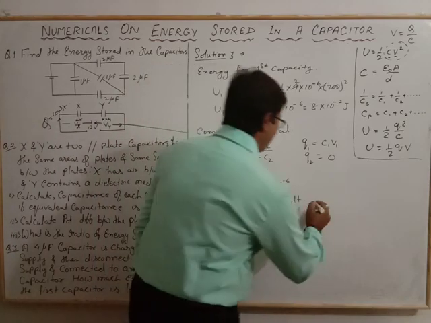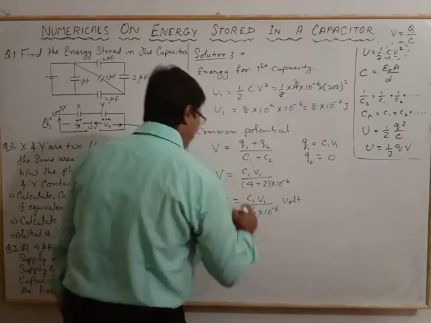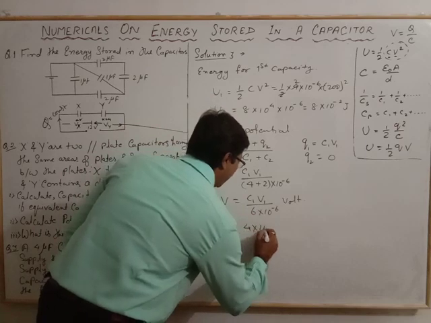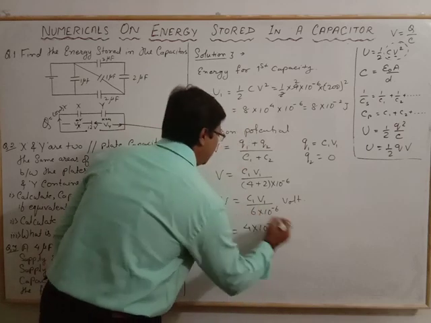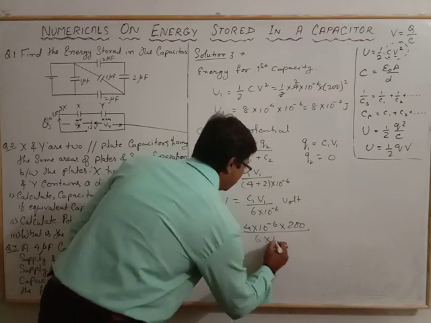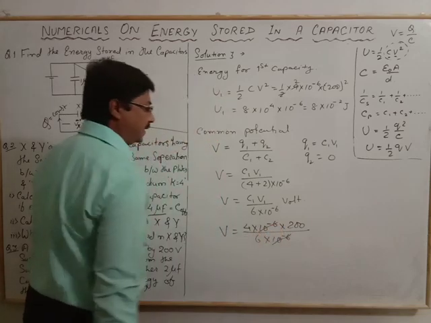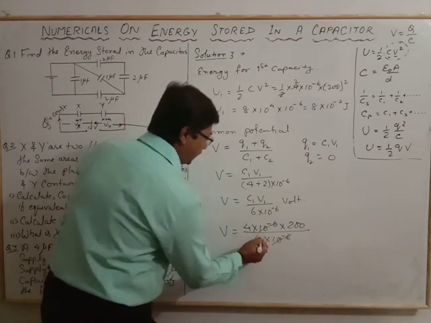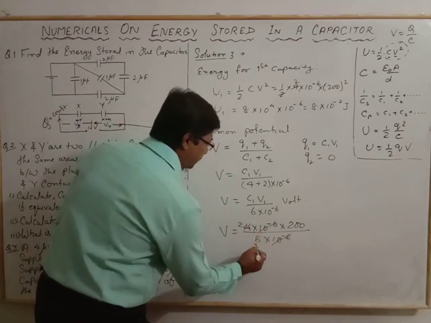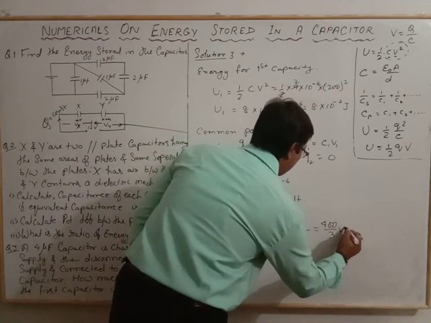So V equals 4 into 10 to the power minus 6 times 200, divided by 6 into 10 to the power minus 6. We cancel the 10 to the power minus 6, also cancel 2 and 3, and that becomes 400 by 3 volt.